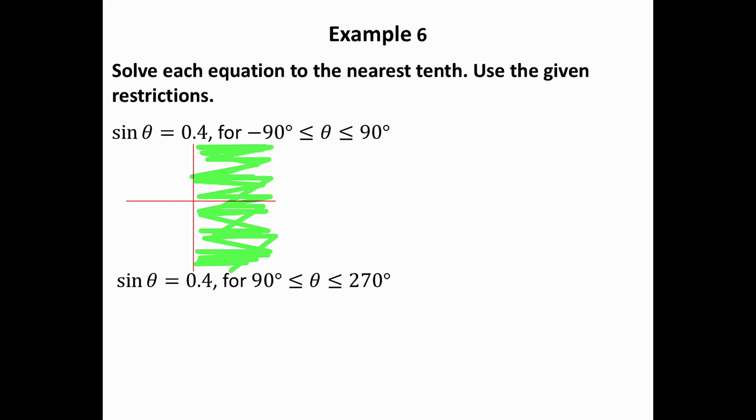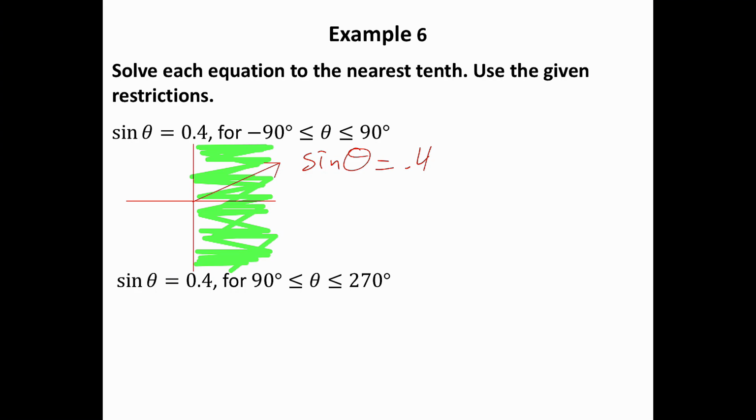So in quadrants 1 and 4, I think I might have said 1 and 2 earlier, my apologies, the only place that has a positive y value is quadrant 1. So let's just draw some angle here. We don't know what that is yet, but we're choosing this part because the sine of some angle equals positive 0.4.